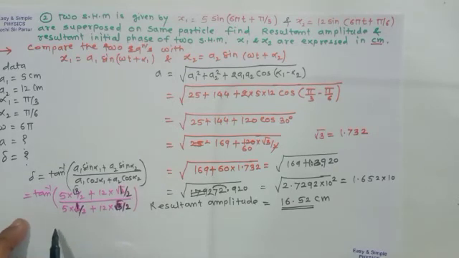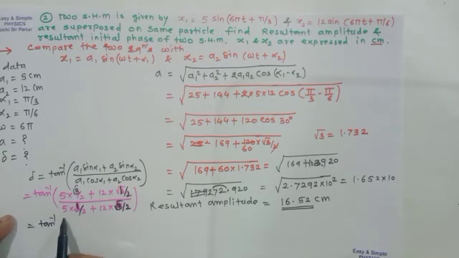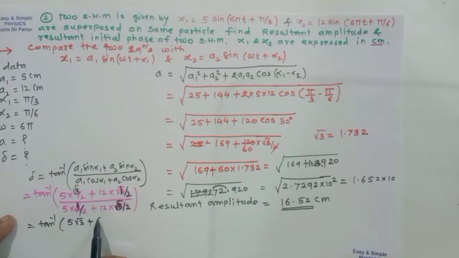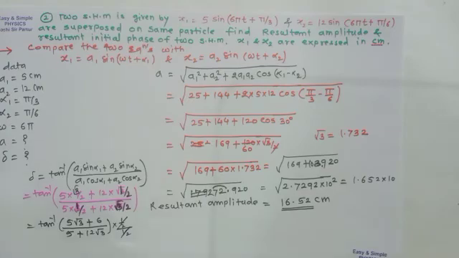So it is tan inverse 5 square root of 3 plus 6 upon 5 plus 12 square root of 3 into 1 upon 2 divided by 1 upon 2. Those get cancelled.